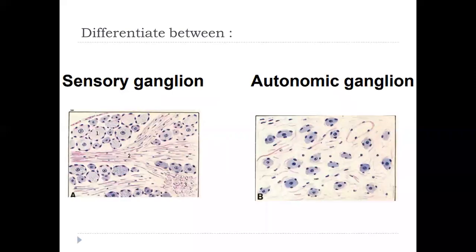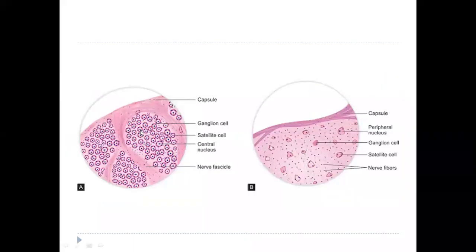Based on that, you should be able to write down the differences. The first is size of neuron, you can see the difference. The sensory ganglion will have a larger size, it is oval. The nucleus, if you take this diagram, will be central and vesicular, whereas for sympathetic, the nucleus is eccentric.